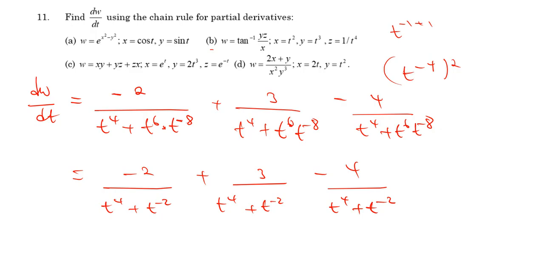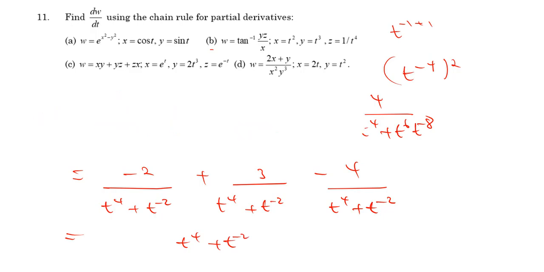But then notice that for this here, they have the same denominator. So I can keep that, meaning I have t to the fourth plus t to the negative 2. Okay, there might not be enough space. Let me erase this part here, and write it on top here.